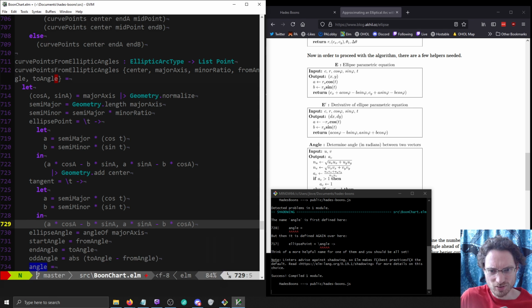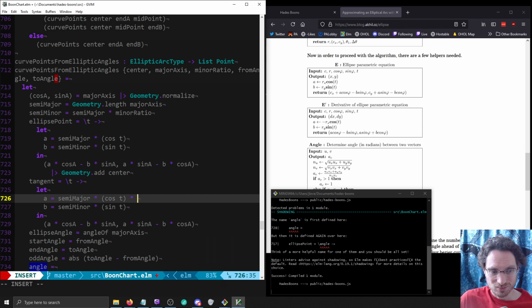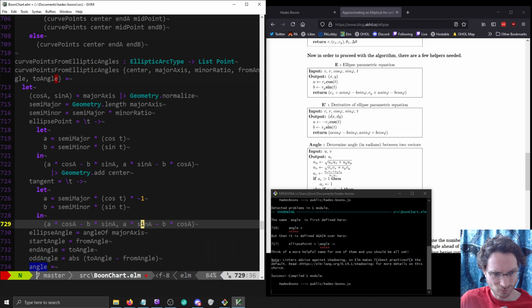I guess it was just to keep the signatures similar, since we are calculating these separately. All right, A times cos angle minus B times sine angle. A times sine angle plus B times cos angle. Oh wait, does this change sign?